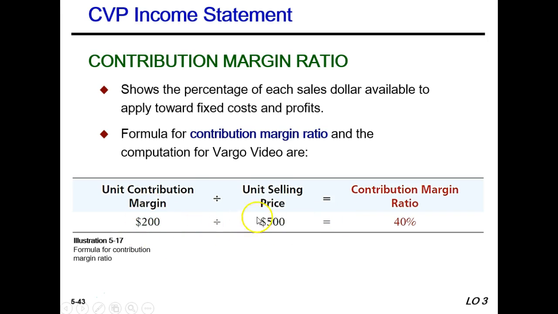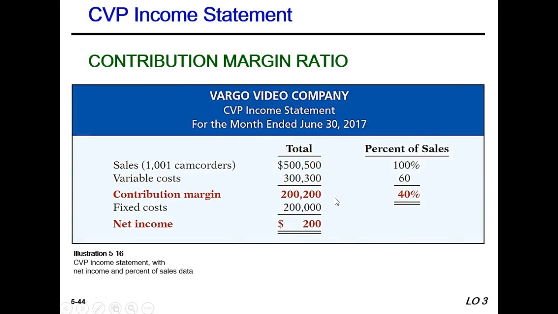Our $200 divided by our selling price gives us our ratio. It's $200 of our $500 price to give us our 40% that goes towards fixed cost and profit margin.